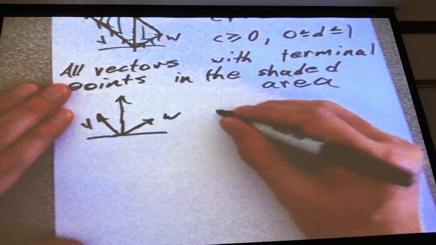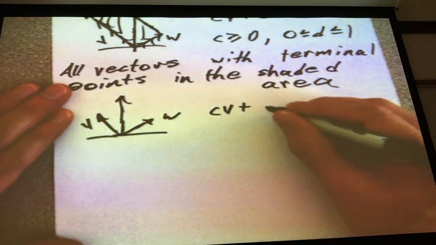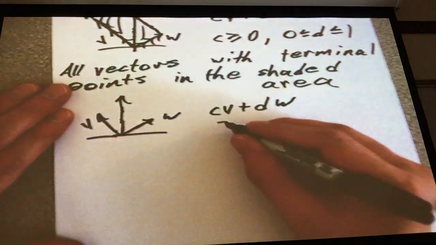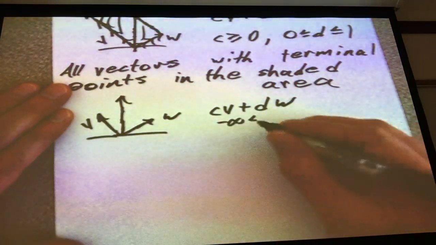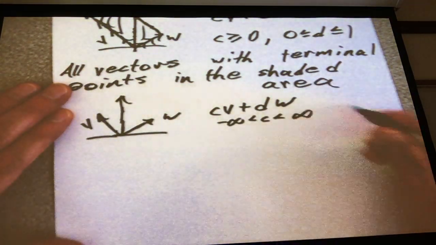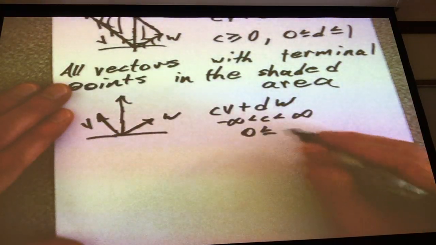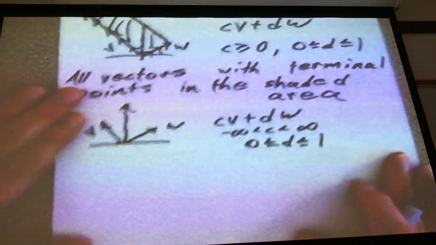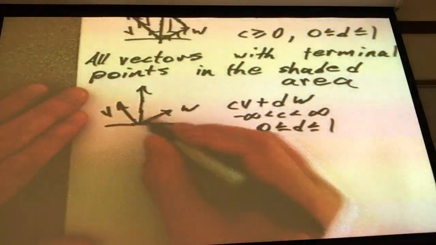And we said CV plus DW, where negative infinity is going to be less than C, which is less than infinity, and 0 is going to be less than or equal to D, which is going to be less than or equal to 1. Okay?